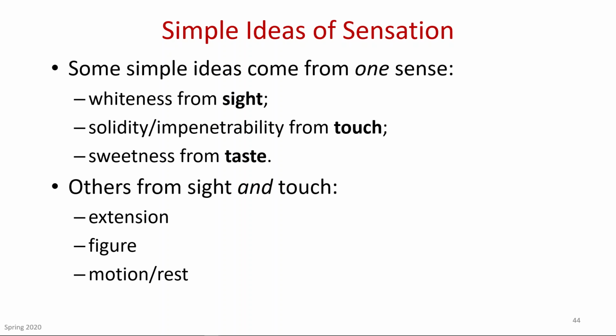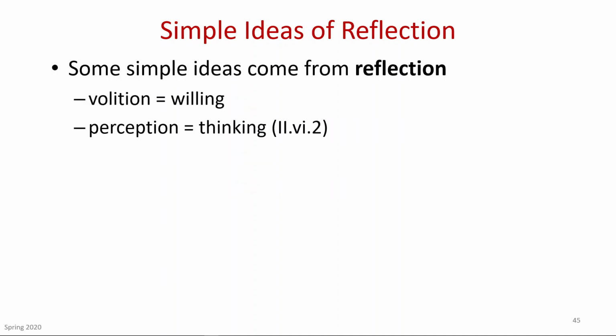And we also get some of our simple ideas from reflection. The idea of volition or willing, perception, or thinking, and here these are synonyms for Locke. Volition is a Latin-derived word meaning willing, perception, the Latin-derived word meaning thinking. So we get those ideas from reflection. We just turn our attention to ourselves and we notice that we think, and Locke takes those therefore to be simple ideas.